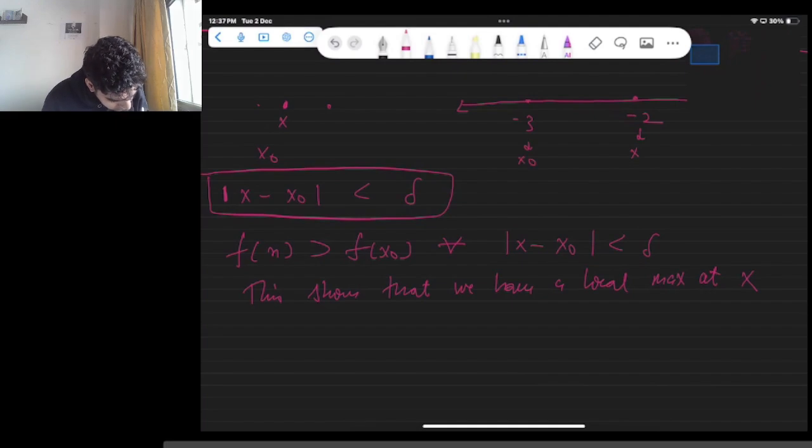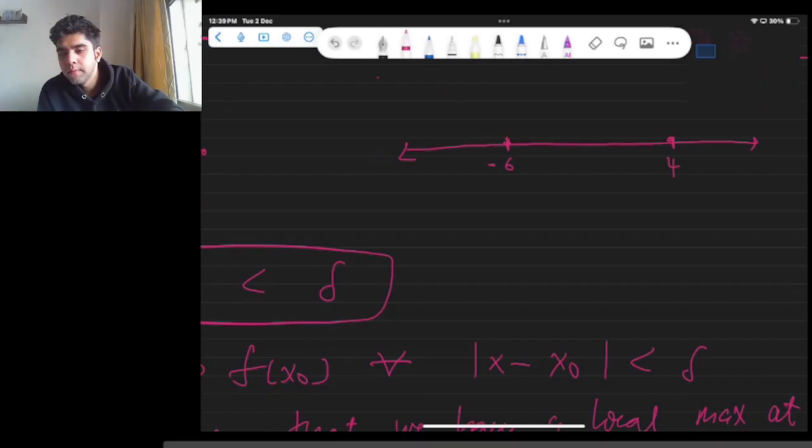If I just subtract these 2 points to find the distance between them, I'll get -2 plus 3, which is +1. So I didn't need mod here. Wait a minute, let me just change this a bit. I'll be taking a different example.